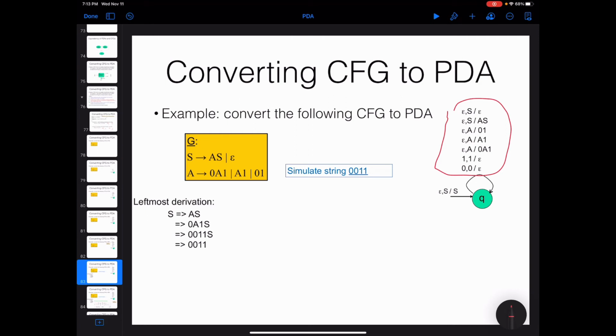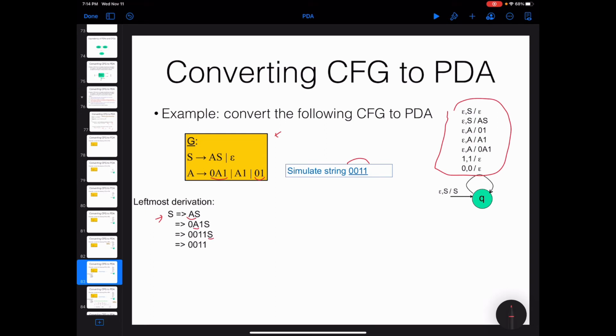If I have a string like this generated by this grammar, the leftmost derivation for that is going to be like this: S goes to AS, then A will be replaced with 0A1, and then A will be replaced by 0 1 here, and then S goes to epsilon and is removed.